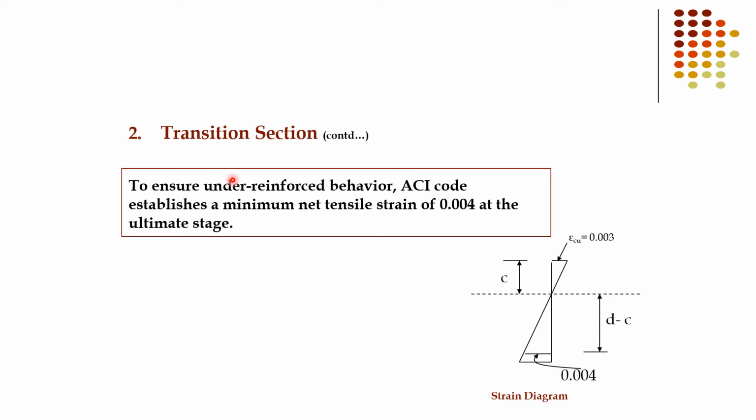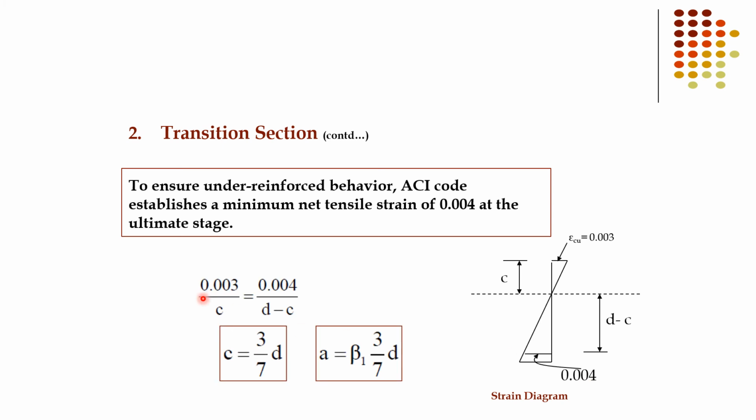Again, similar triangles: 0.003 divided by C, 0.004 divided by D minus C. Cross multiply, and you will get the value of C as 3 by 7D, and you can also get the value of A, as we know A is equal to beta 1 C.